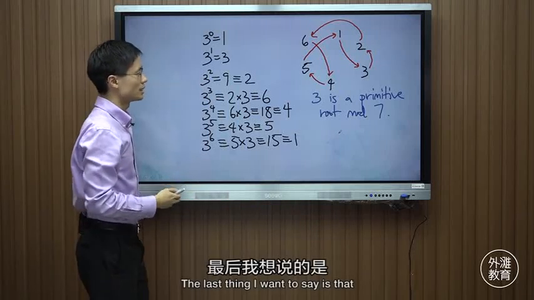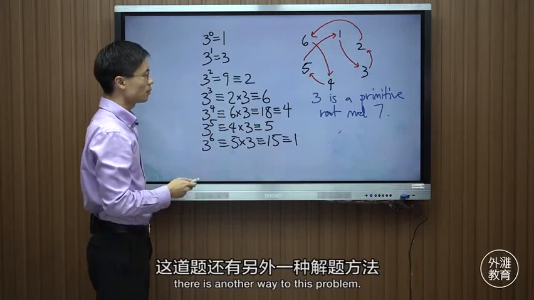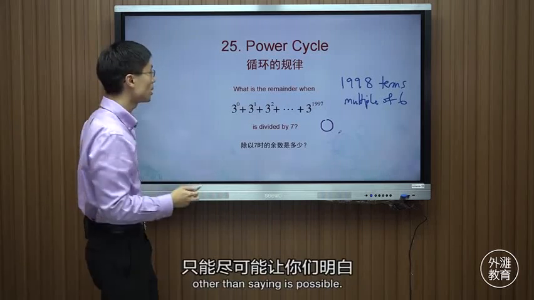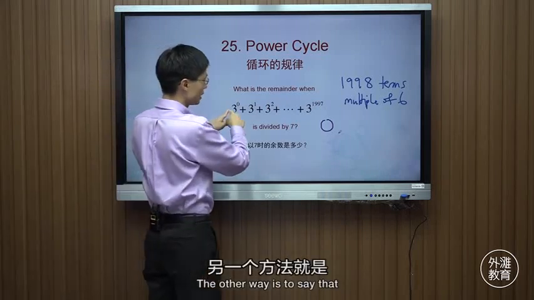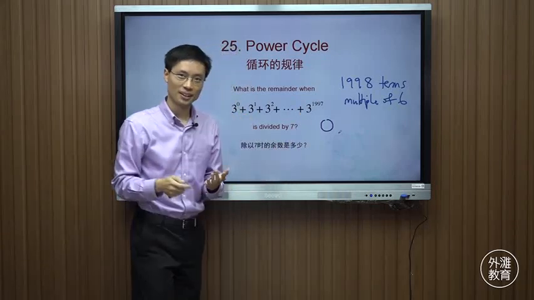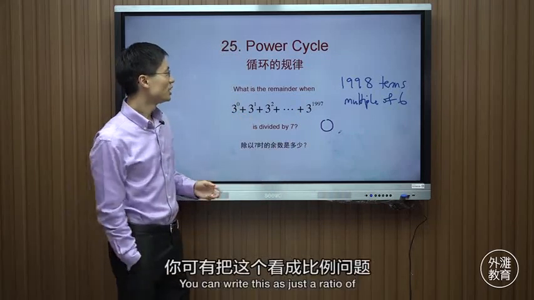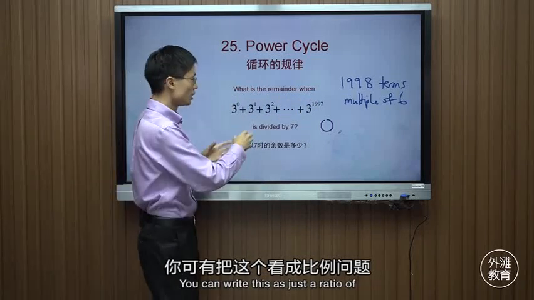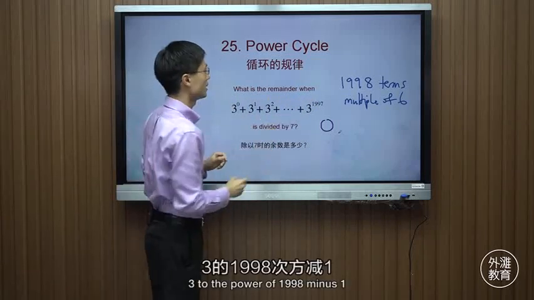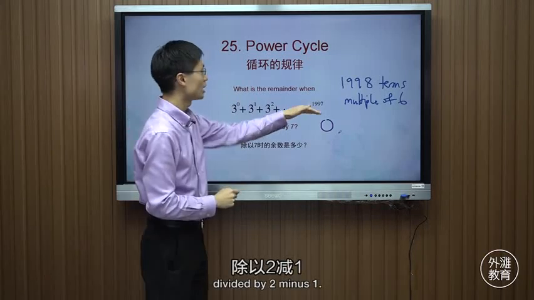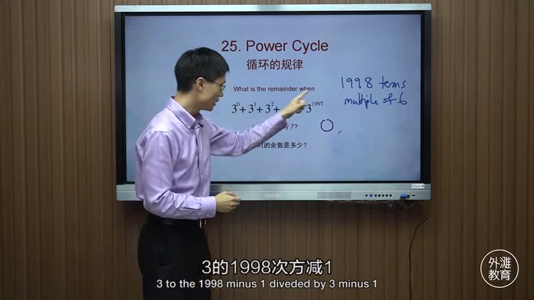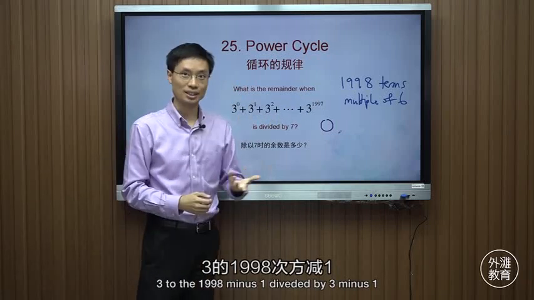The last thing I want to say is that there is another way to do this problem, but in this case it's actually more complicated, so I won't go deep into it, other than saying it's possible. The other way is to say that this is a geometric series. And if you have a geometric series, you can write this as just a ratio of 3 to the power 1998 minus 1 divided by 3 minus 1.